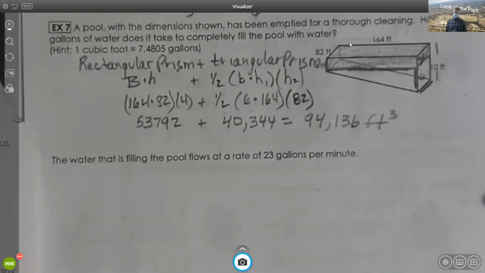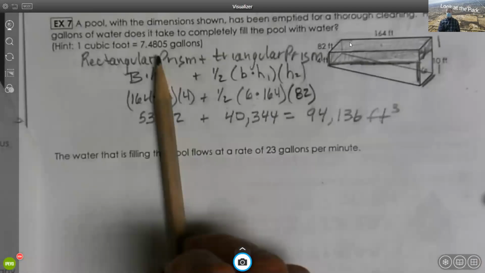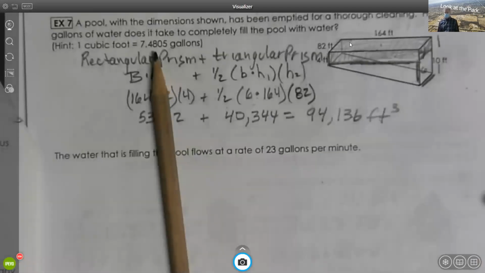These are cubic feet. Now we need to find a gallon. We're going to turn this into gallons, because gallons is a three-dimensional concept.